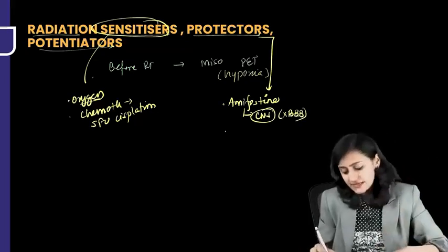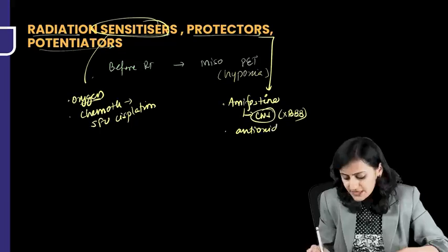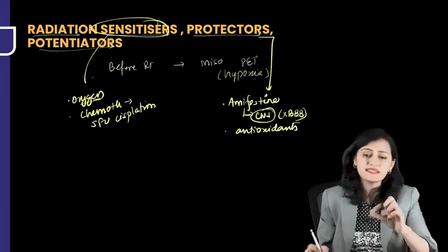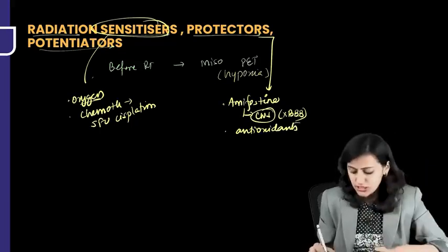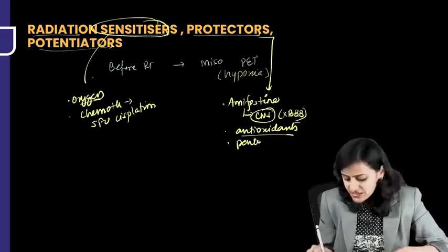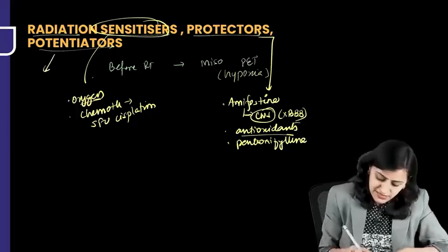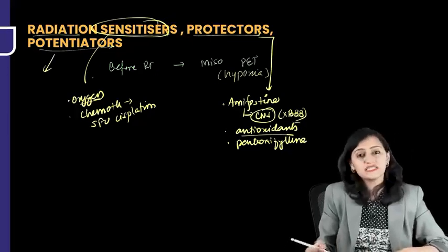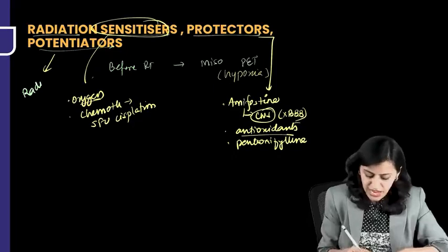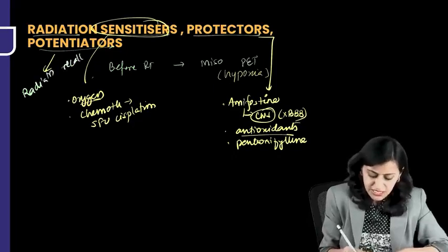Other radioprotectors are the antioxidants, which basically scavenge the free radicals, so preventing the damage. So antioxidants, pentoxifylline, these are radioprotectors. Which are the radiation potentiators? The chemotherapy drugs which have the side effect of radiation recall.